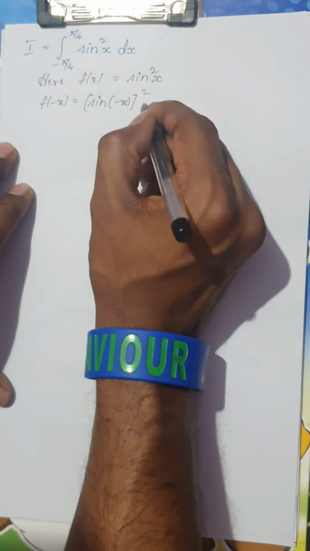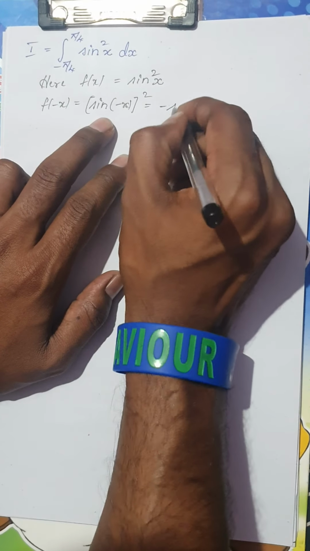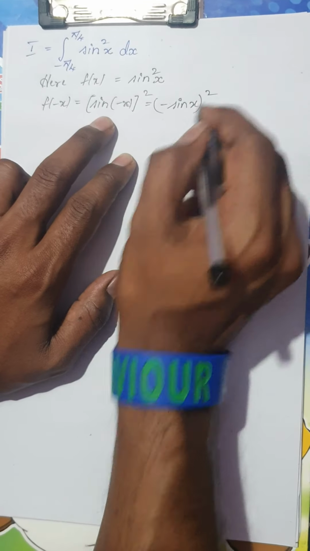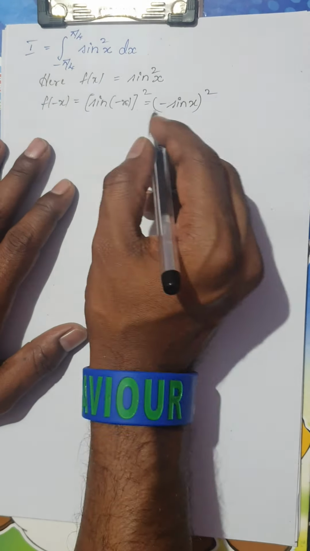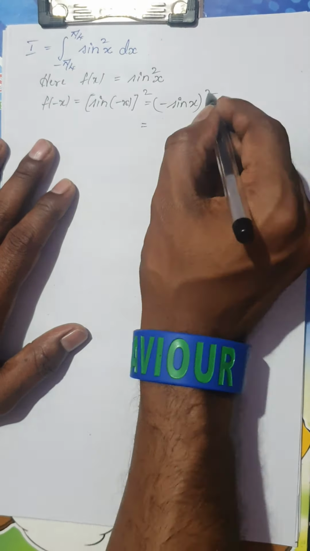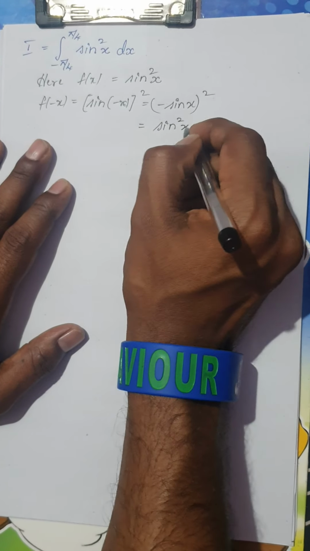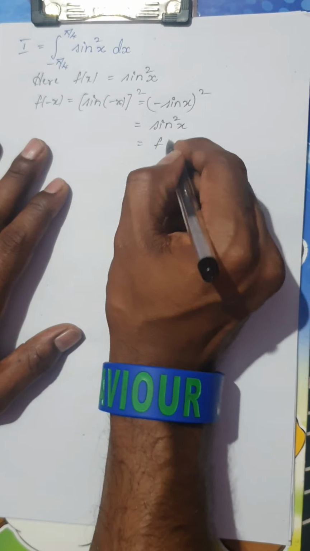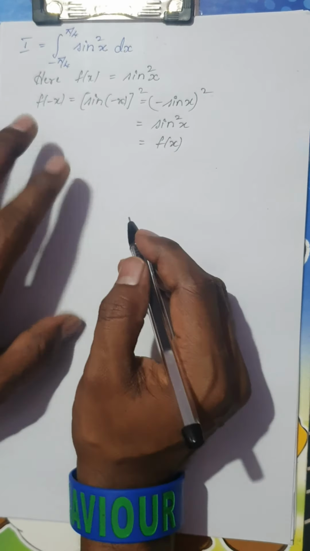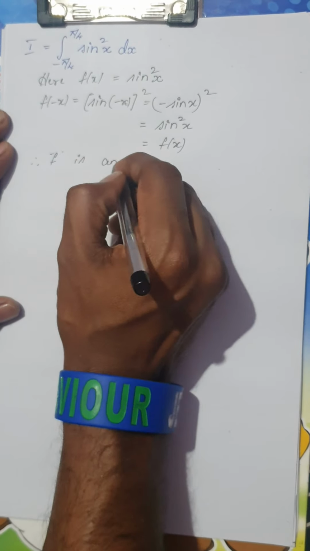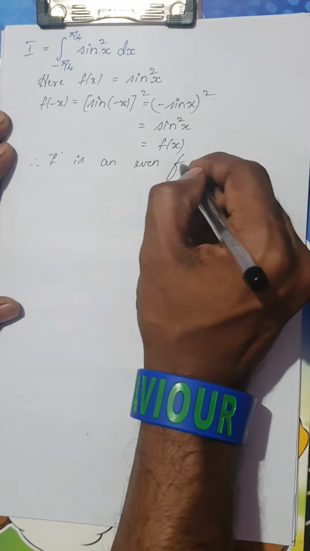Okay, so what is sine of minus x? This is nothing but minus of sine x whole square, right? So we all know for an even power minus will be nullified, and this is nothing but sine square x. This is nothing but my f of x. So I got f of minus x as f of x. Therefore f is an even function.